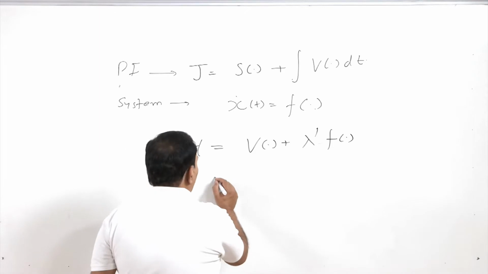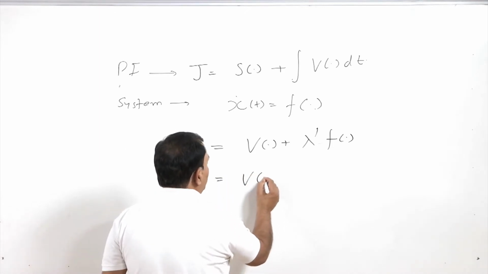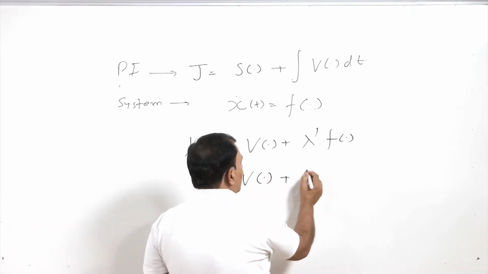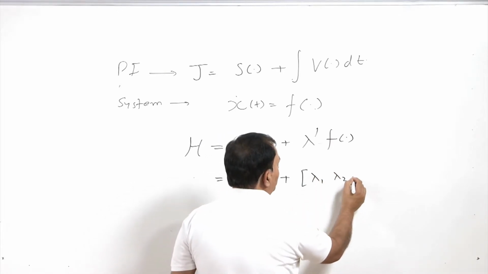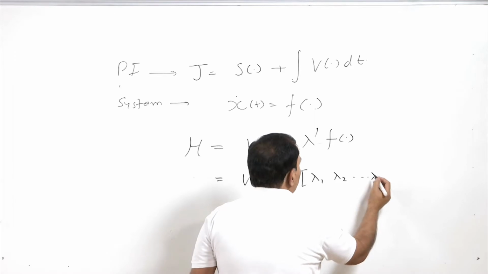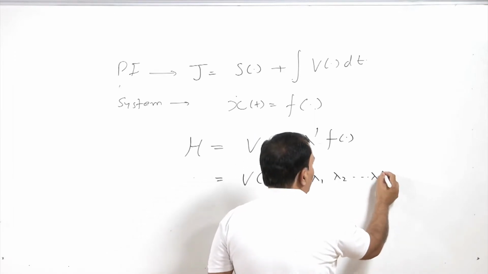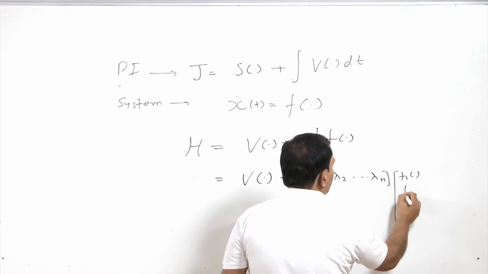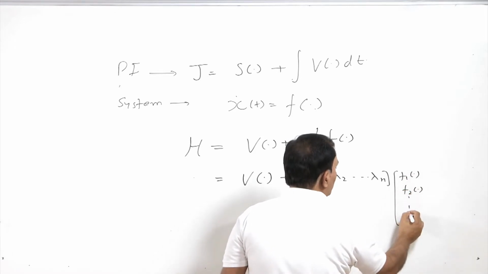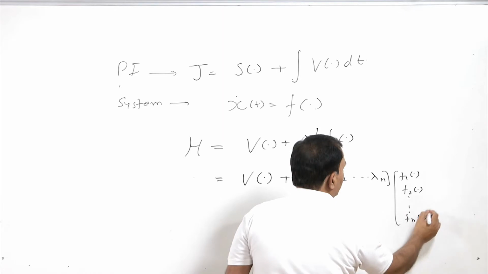So, in a way my Hamiltonian simply is defined with lambda prime written as lambda 1, lambda 2, up to lambda n, and f1, f2, up to fn.